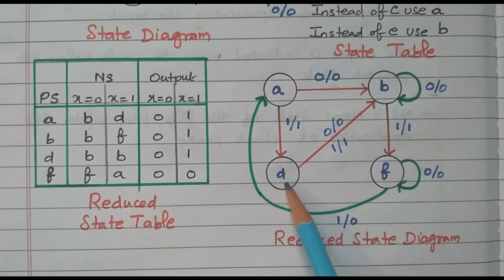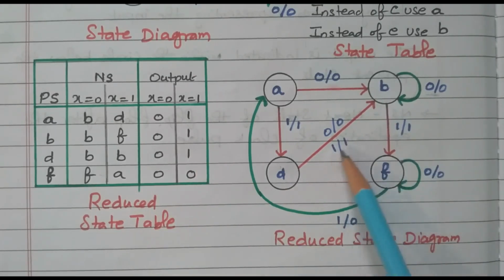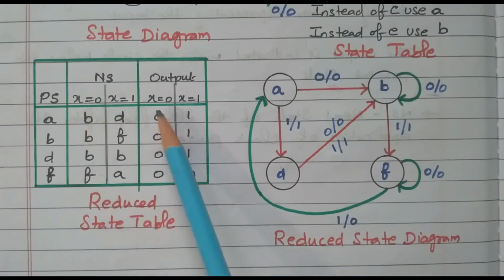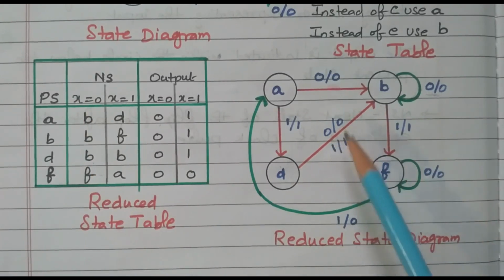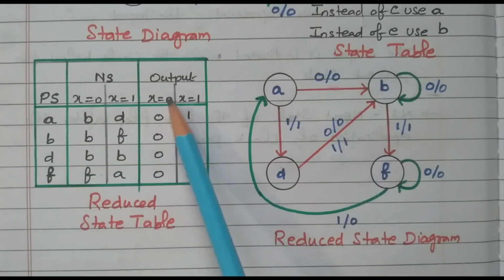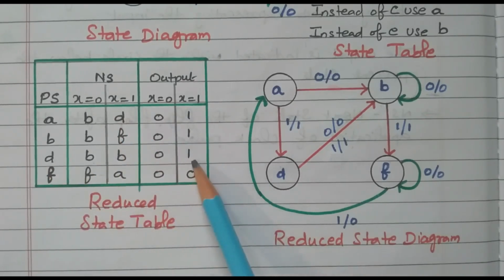Now we'll go to D. D goes to B when both input and output are the same: for x equal to 0 the output is 0, and for x equal to 1 the output is 1, right? So D goes to B when input is 0, output is 0, and D goes to B also when input is 1, output is 1.